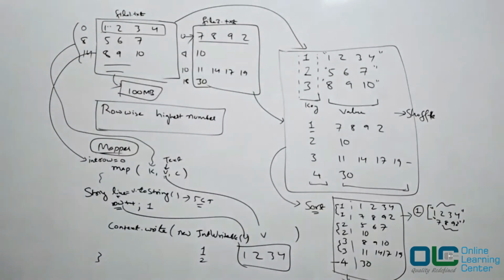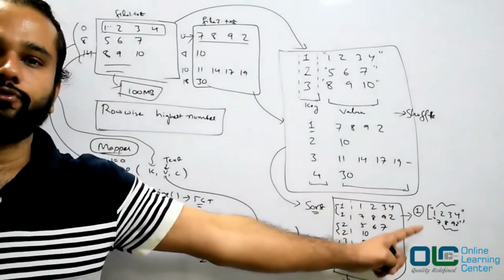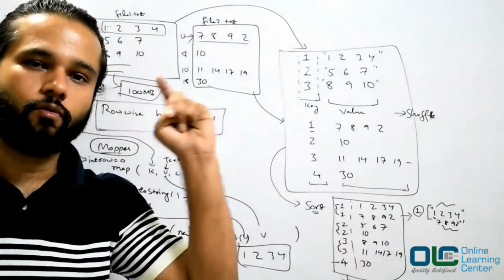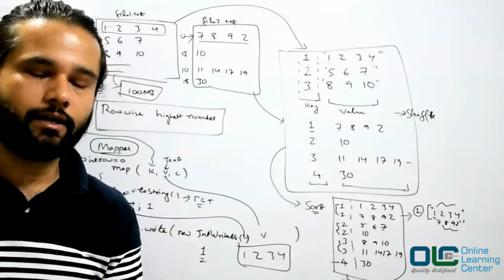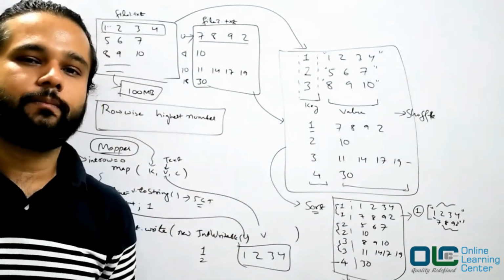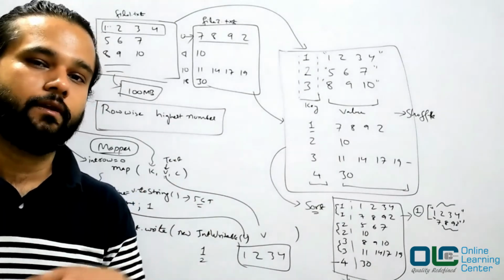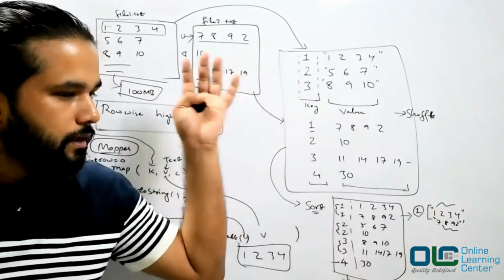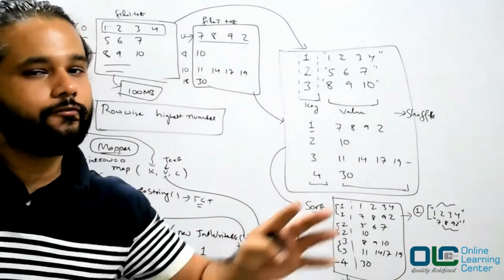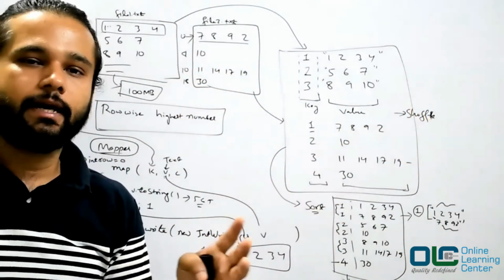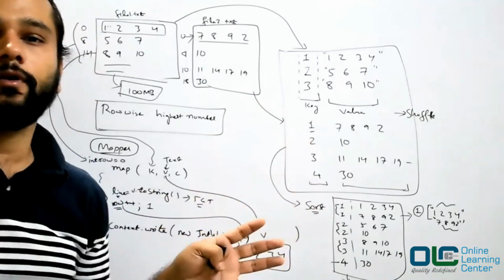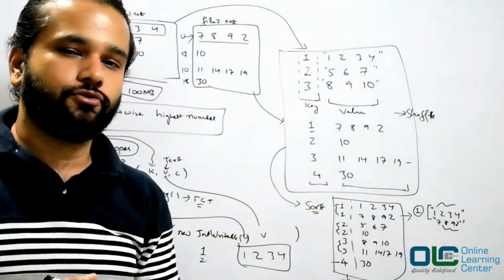Now if you are getting confused here, think about the word count example. In our word count, our mapper used to emit apple 1, apple 1, apple 1, apple 1. Those were all collected together from various different places, and at the end of the day, I get a lot of apple 1, a lot of ball 1, a lot of cat 1, and so on.